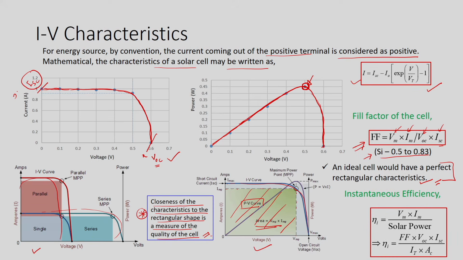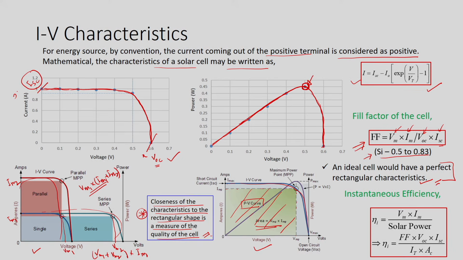For the maximum voltages we can put Vm1 and Vm2, and for the currents Im1 and Im2. Here the voltage will be Vm1 plus Vm2, and for power that has to be multiplied by Im1. In the parallel case we will have Vm1 multiplied by Im1 plus Im2. That way we can calculate for different cells.